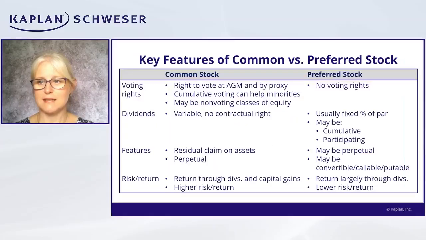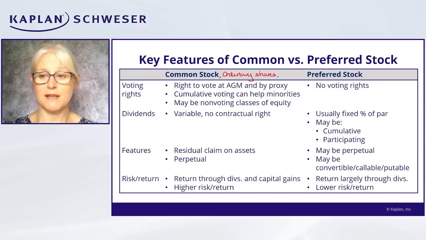Okay, so let's get into the details. We've got a big table here with lots of stuff on it, which basically takes the two main types of things we would call shares or stocks. Got to use those terms interchangeably. Which are common stocks, also known as ordinary shares.